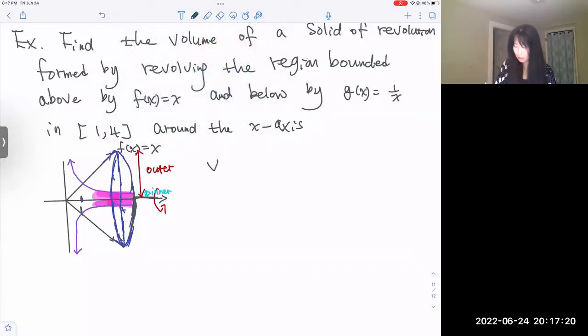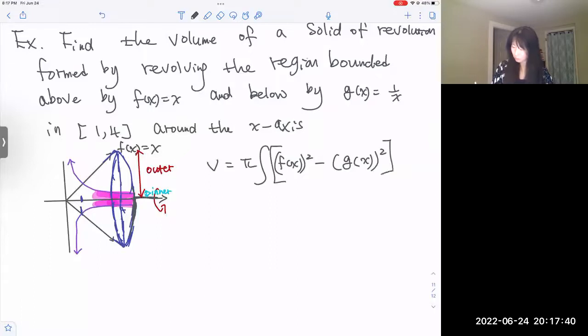Okay, so then the volume is pi times the integral from 1 to 4 of f of x squared minus g of x squared dx, which is pi, x squared minus 1 over x squared.